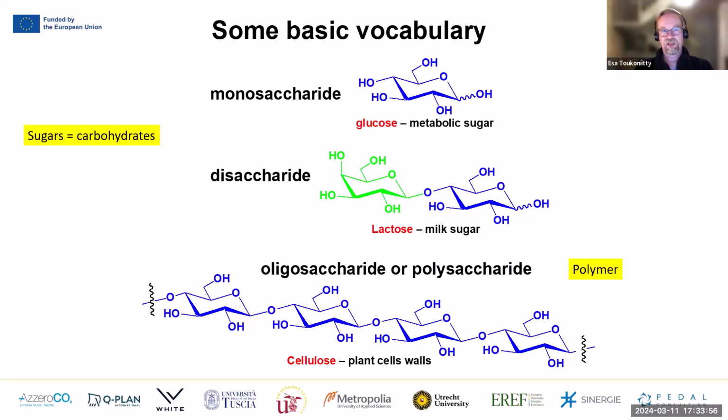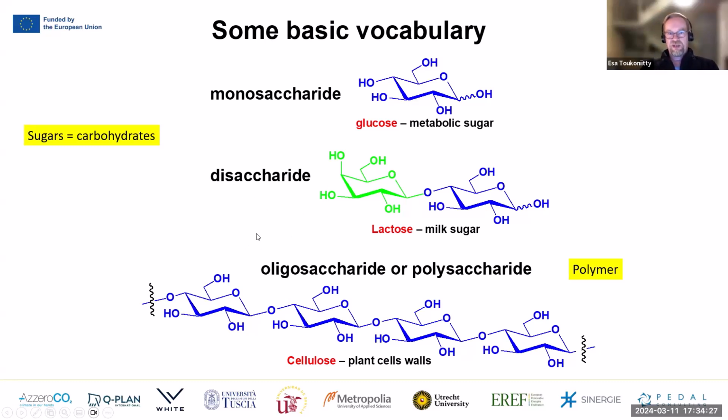When I talk about sugars, the name from the chemistry side is saccharide. So saccharide and sugar are more or less synonyms of each other. Depending on whether there is just one sugar monomer, it's called mono. If there are two sugar molecules connected to each other, it's disaccharide.